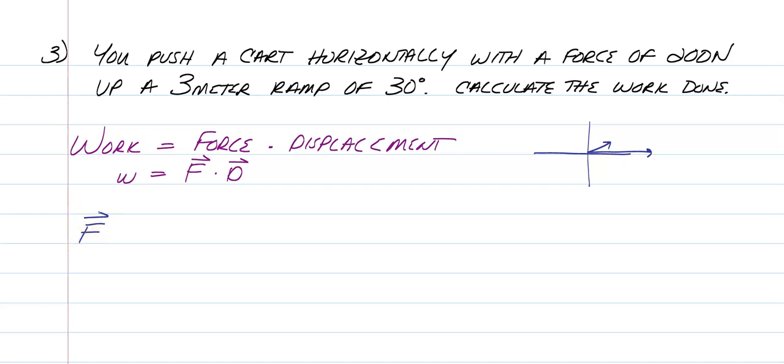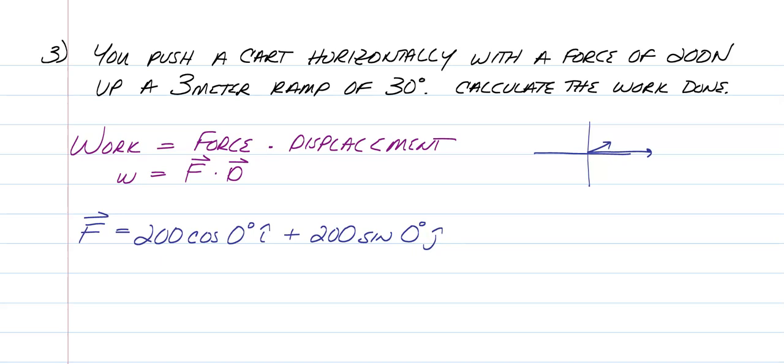Force for this one is we're using 200 newtons, and that's 200 cosine of 0 degrees because we're pushing horizontally, i hat, plus 200 sine of 0 degrees, j hat, to get this in our component form.